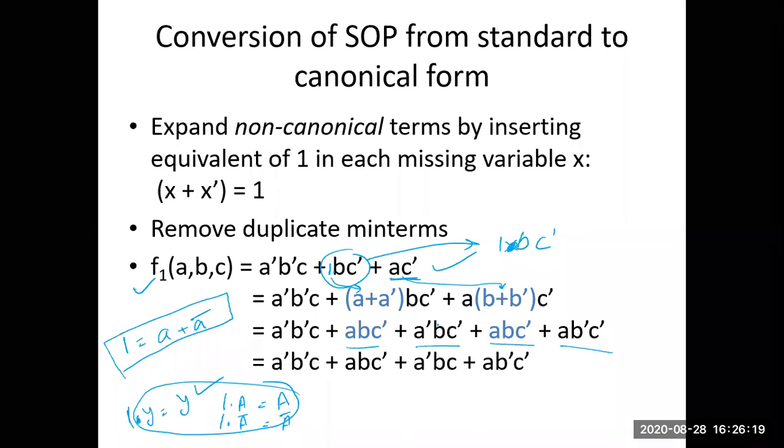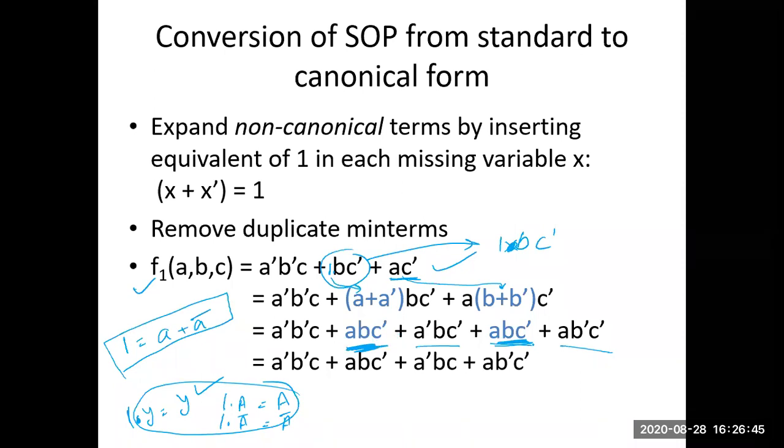After opening my bracket, I need to analyze whether there is any repetition or not, because whenever I'm writing in the canonical form, all the combinations need to be unique, they need not repeat. Here you can see A B C bar, A B C bar is coming twice in the same expression.